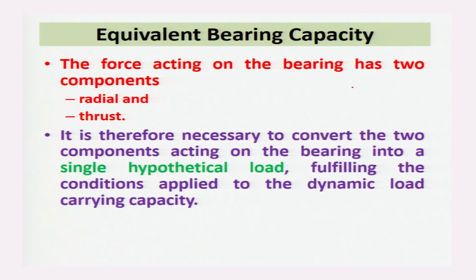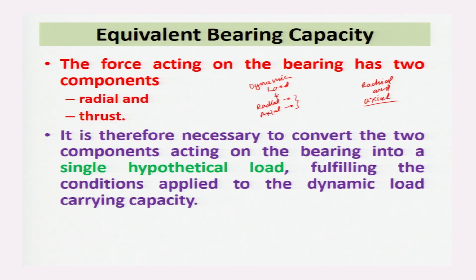So there may be a combination of radial load and axial load, but the dynamic load carrying capacity, or dynamic load rating, is given for radial load in the case of radial bearings and axial load in the case of axial bearings.